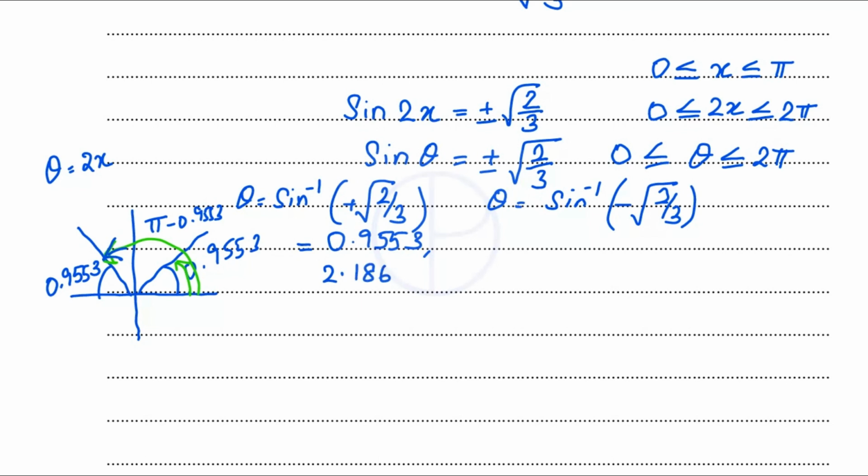Okay, and in this case theta is equal to sine inverse of negative square root of 2 over 3, and we get the value as negative 0.9553. Okay, so sine is negative in the third and the fourth quadrant.